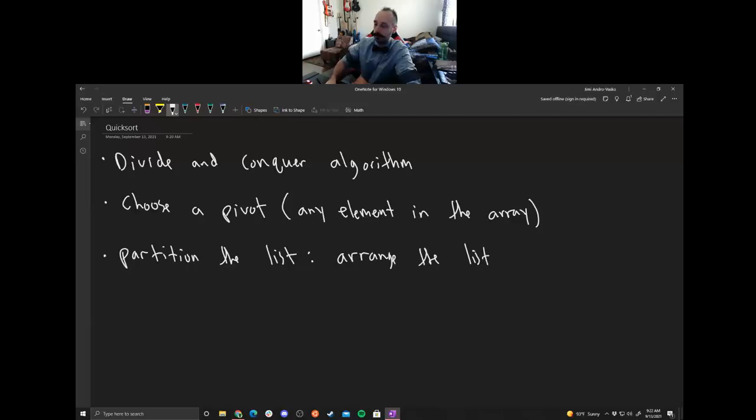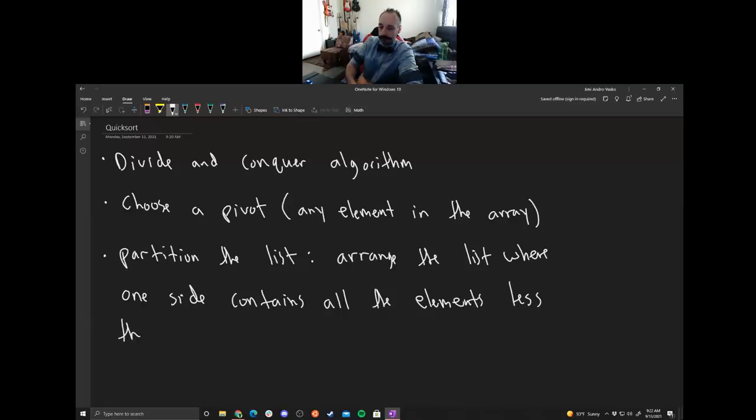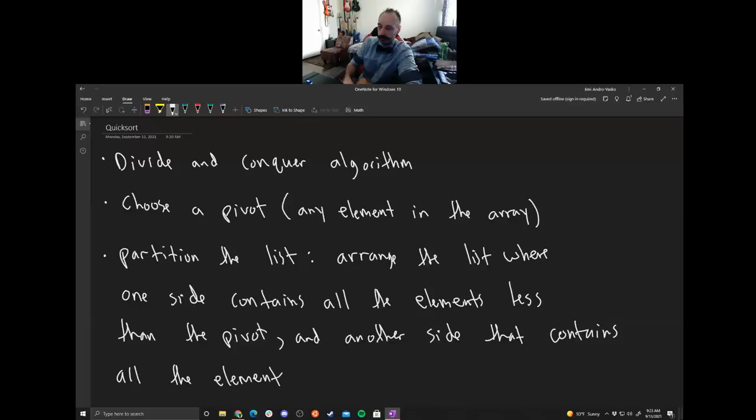where one side contains all the elements less than the pivot, and another side contains all the elements larger than the pivot.